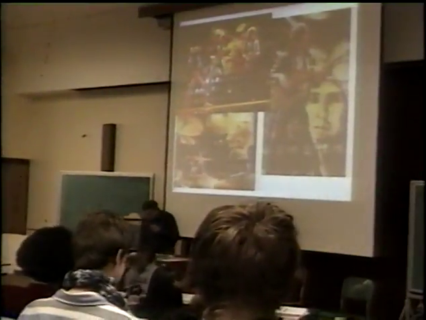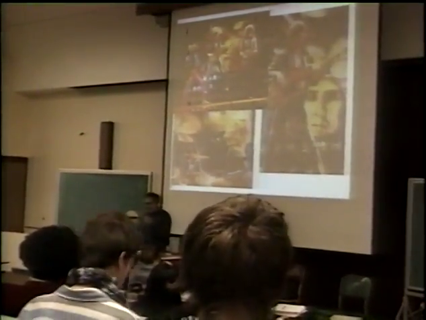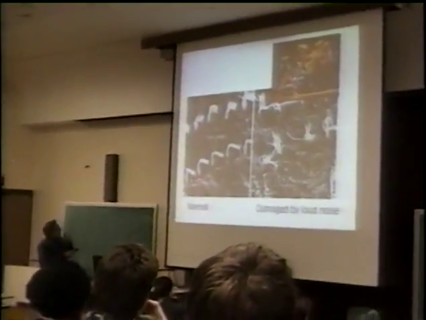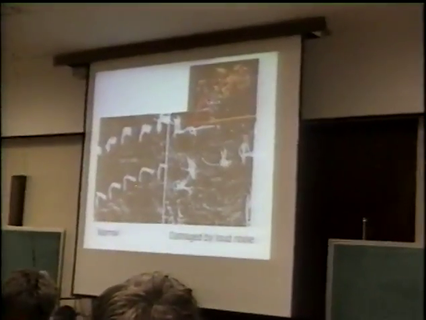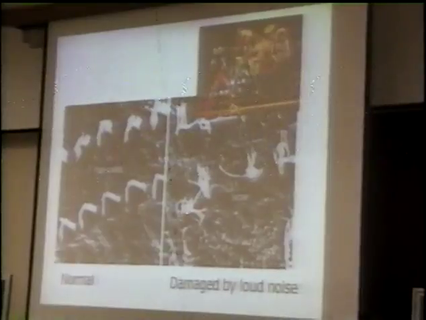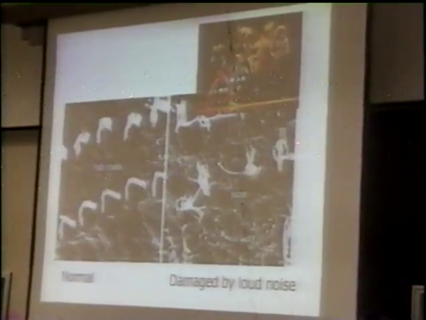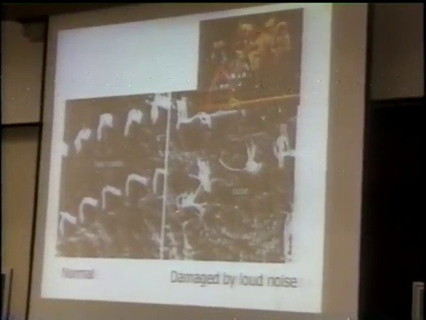The reason I show this is because of the sound amplification systems that are used by rock and roll bands. And this is a representation of the normal cochlea with normal hair cells. Here is after being in a rock and roll band for some years. So these hair cells become damaged by loud noise, jet airplanes, jackhammers, those sorts of things, perhaps loud music.